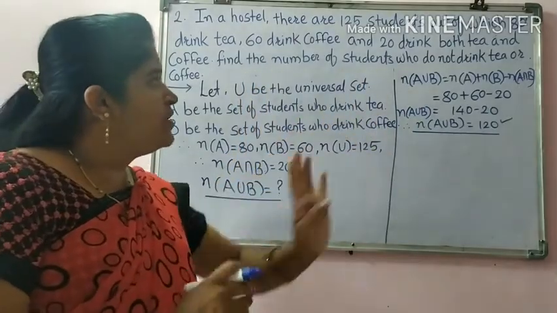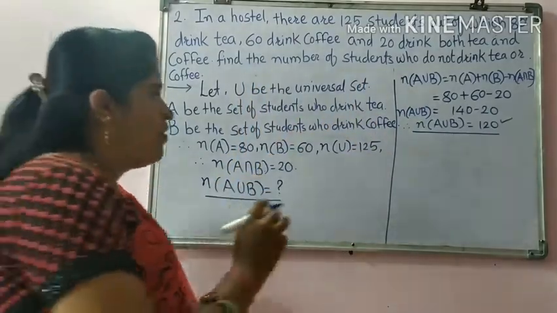But what is asked in the example? Find the number of students who do not drink tea or coffee.